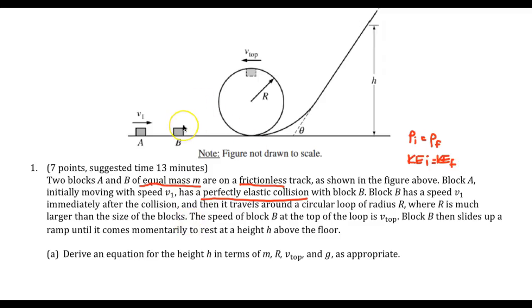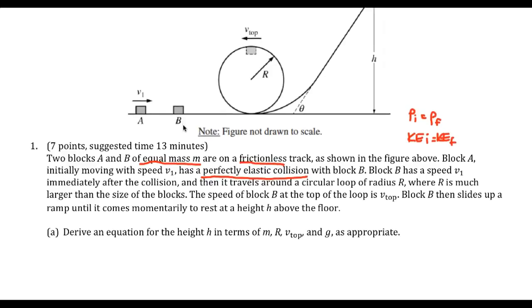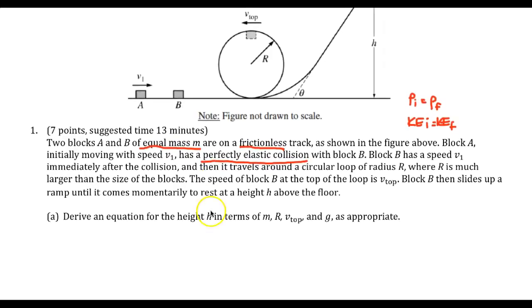Okay, so what do we know? Well, we want to derive an equation for the height h in terms of all these variables. Well, this sounds like a conservation of energy equation to me. So the initial energy in the system plus the work done by non-conservative forces equals the final energy in the system.